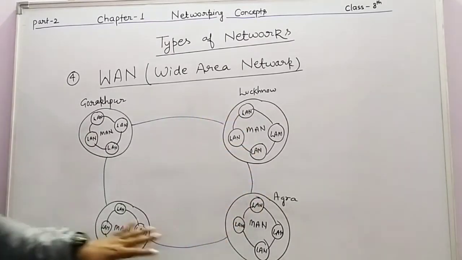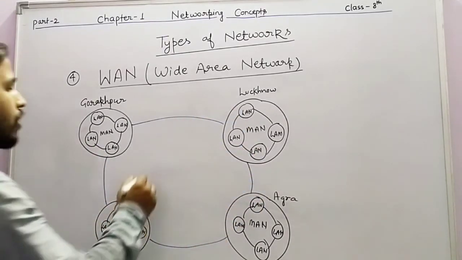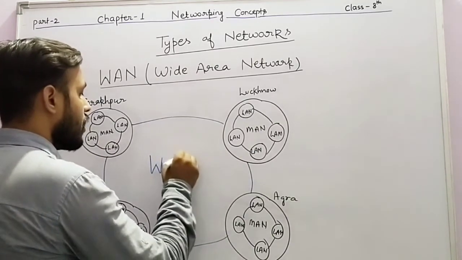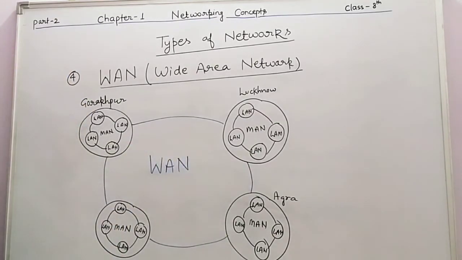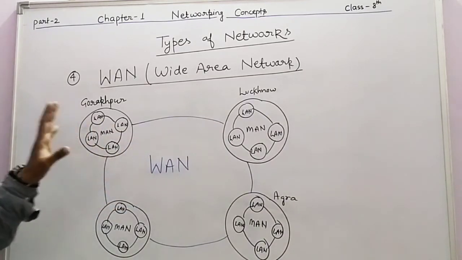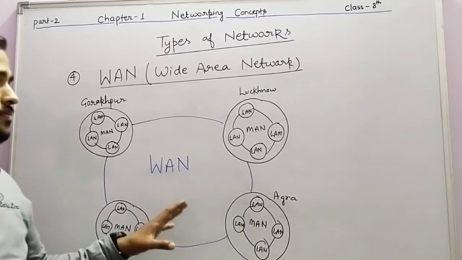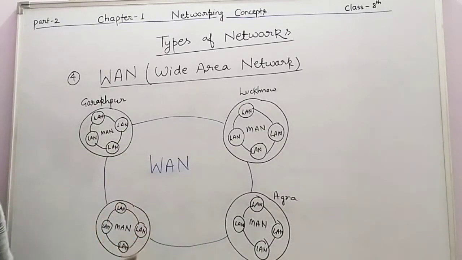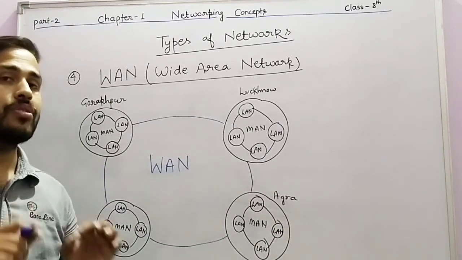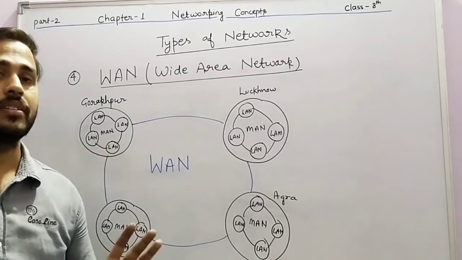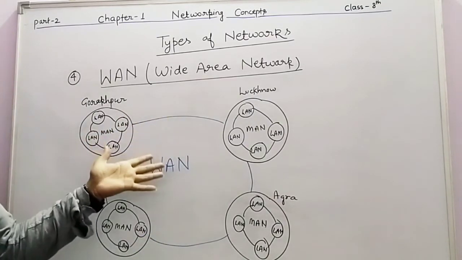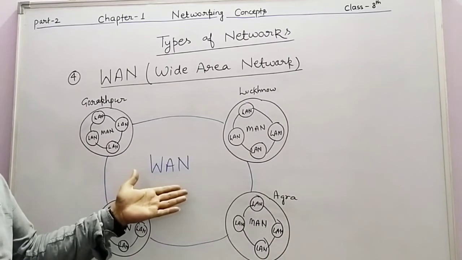This type of network is called a wide area network, and this is very important, students. The most important thing is the difference between LAN and WAN. I already discussed LAN, and this is about WAN.